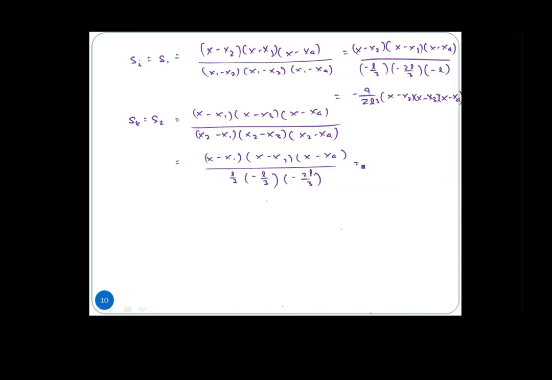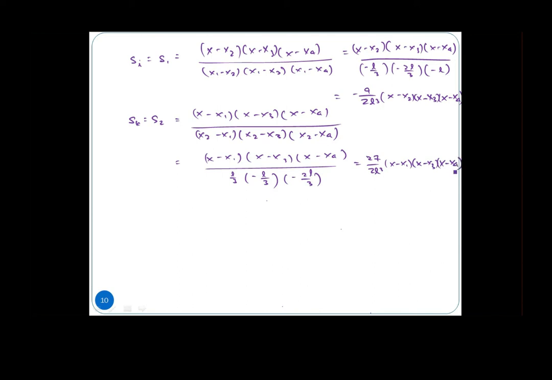In this case it will give us 27 over 2L cubed, then x minus x1, x minus x3, x minus x4.